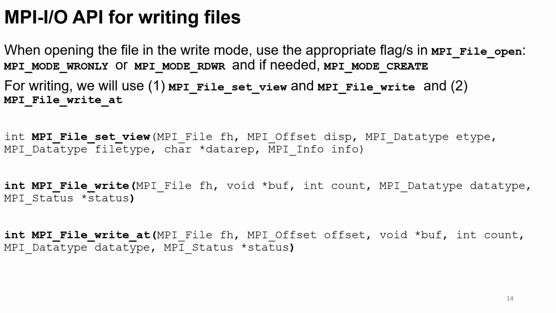And note here that when we want to open a file in blocking non-collective coordination manner, we can either use MPI_File_write with MPI_File_seek, or we can use MPI_File_write with MPI_File_set_view. Both these combinations use individual pointers. Now, if we want to use explicit byte offsets, we can call the MPI_File_write_at API.